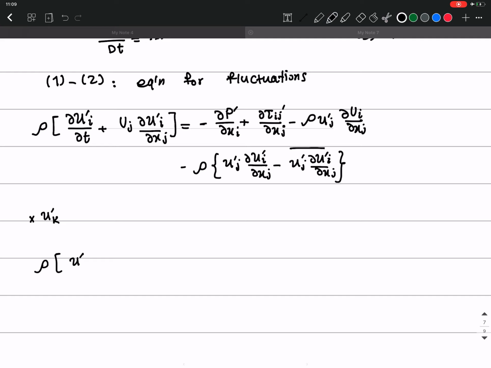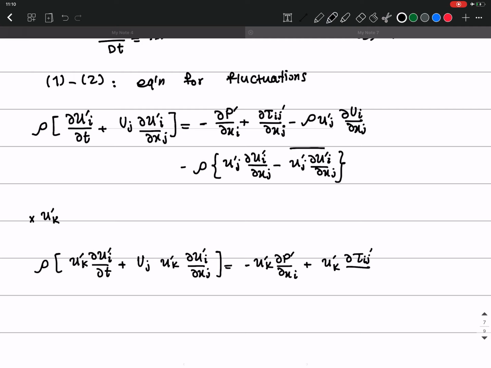First term is going to be u prime k partial u prime i over partial t plus Uj u prime k partial u prime i partial xj equals minus, the first term is for the pressure, u prime k partial p prime partial xi. Second term is going to be u prime k partial tau ij prime over partial xj.